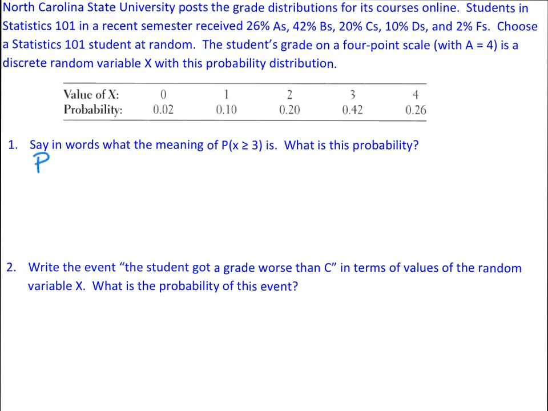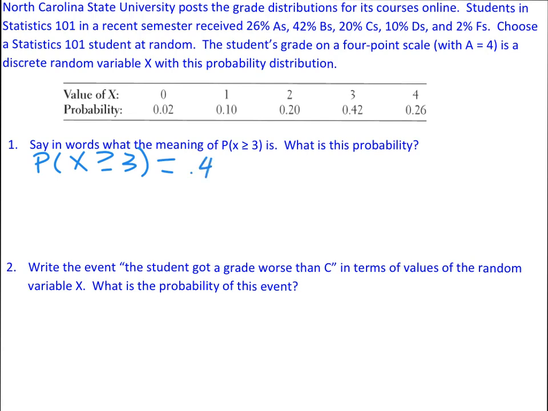All right, new context here, but from some pretty similar questions. All right, the probability that x is greater than or equal to 3. This is some grade data from NC State, I think. So look at the outcomes associated with that.